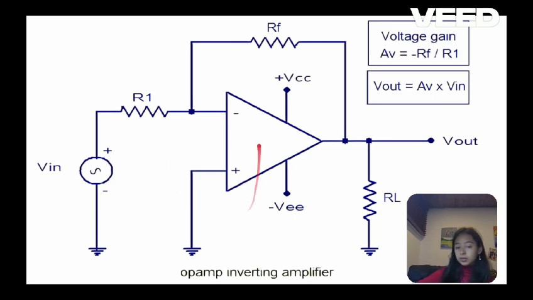The non-inverting input, that is this one, the positive, is always connected to ground. The gain of this configuration is this one, and we have this negative sign to indicate the signal inversion. This configuration inverts the input signal and amplifies it according to the values of these resistors.